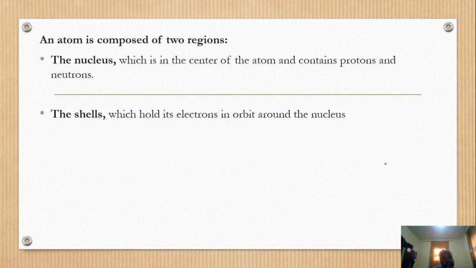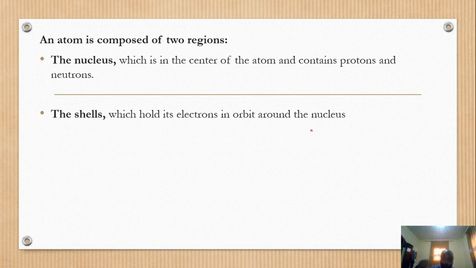An atom is composed of two regions. It has two parts, two main sections. The nucleus, which is in the center of the atom and contains protons and neutrons. And the shells, which hold its electrons in orbit around the nucleus.